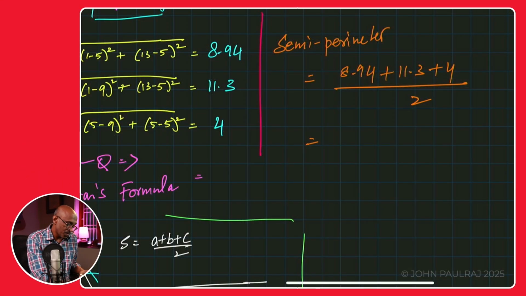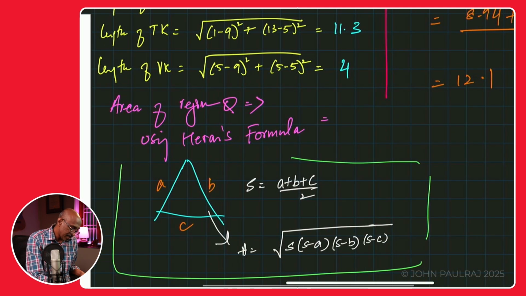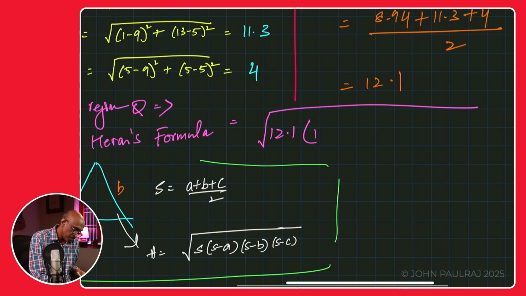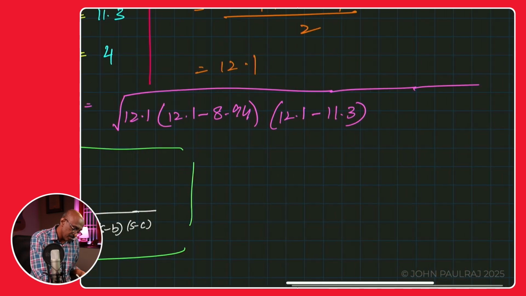I'm going to enter that 12.1 here. And then once you find that, the area of the region R using Heron's formula is the square root of 12.1 times (12.1 minus 8.94) times (12.1 minus 11.3) times (12.1 minus 4).